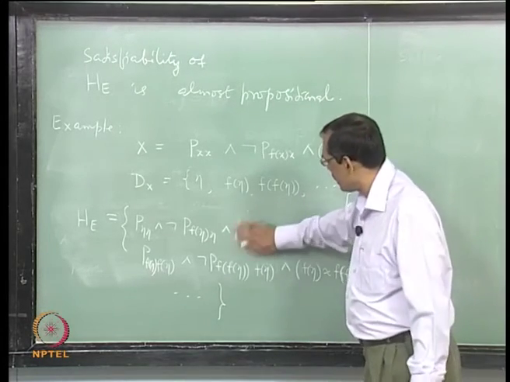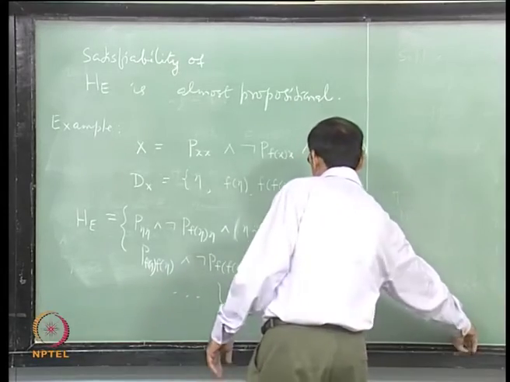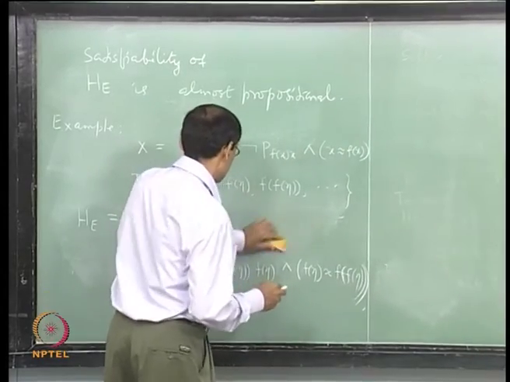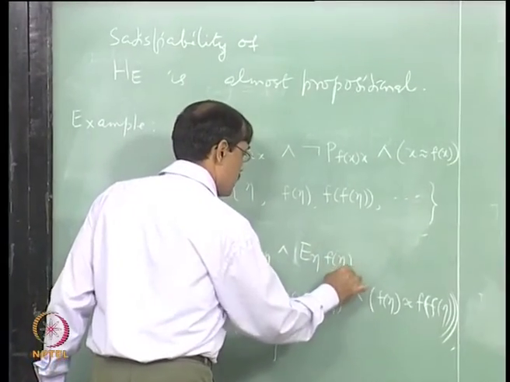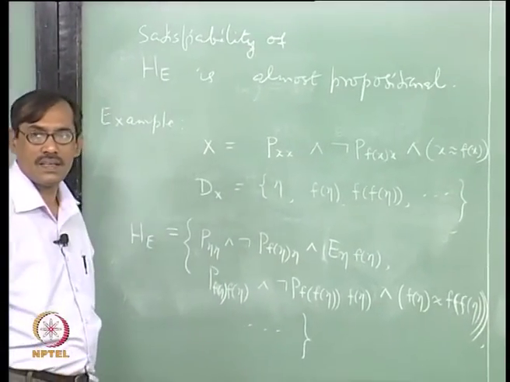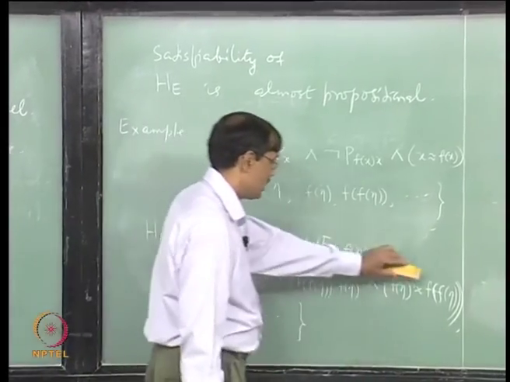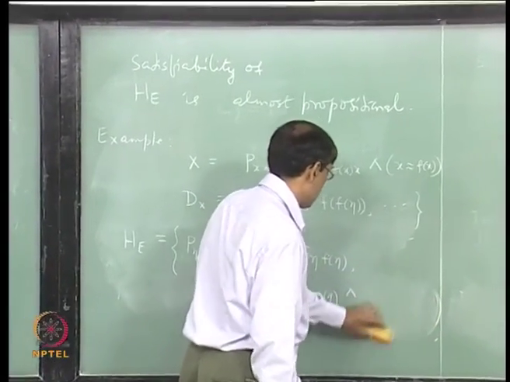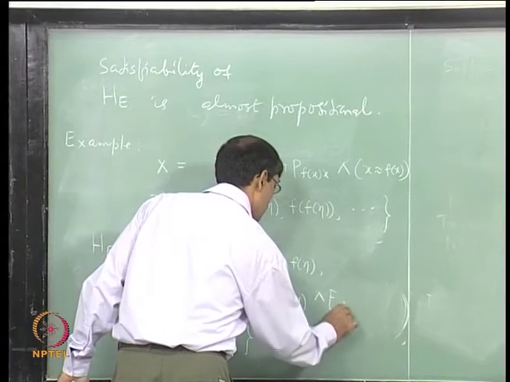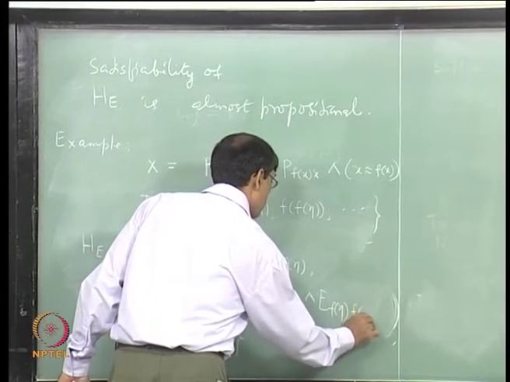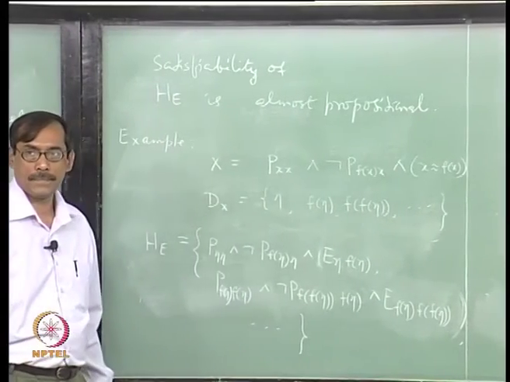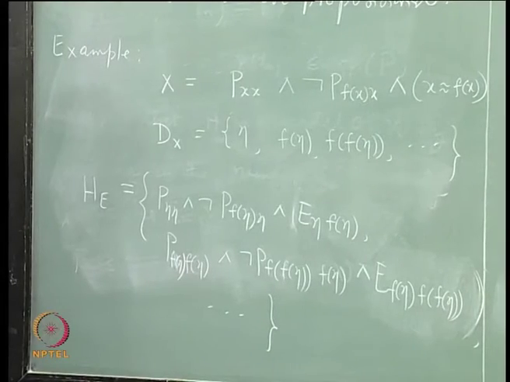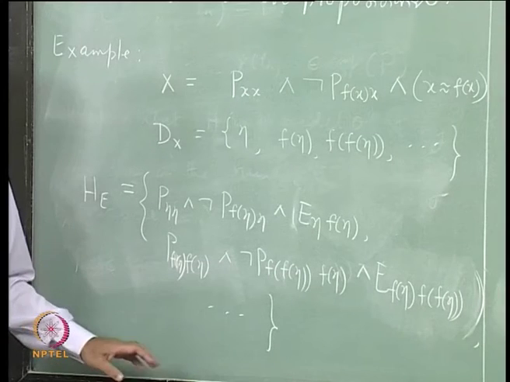So you have to really write it as E eta f of eta. Similarly, here also you have to write E f of eta f of f of eta. Now, is it visible? It is not satisfiable.